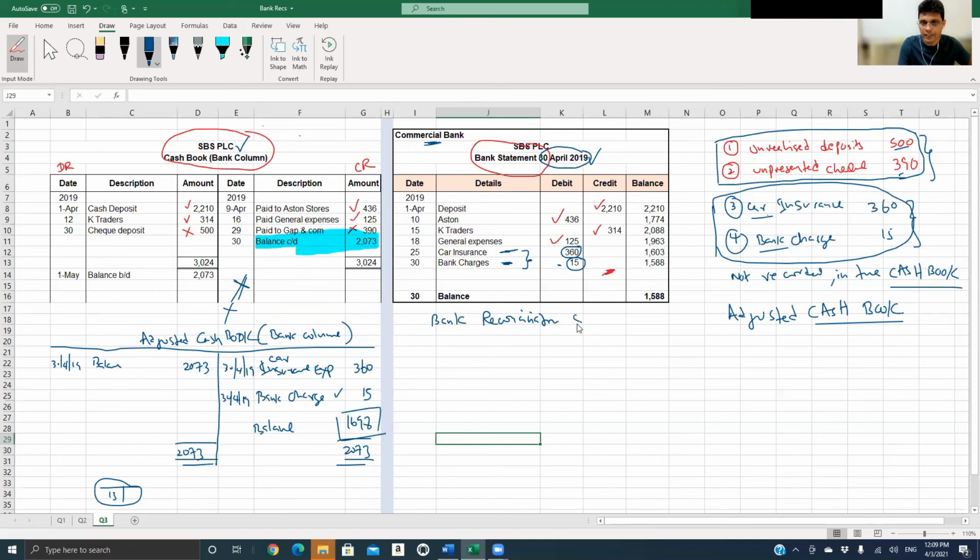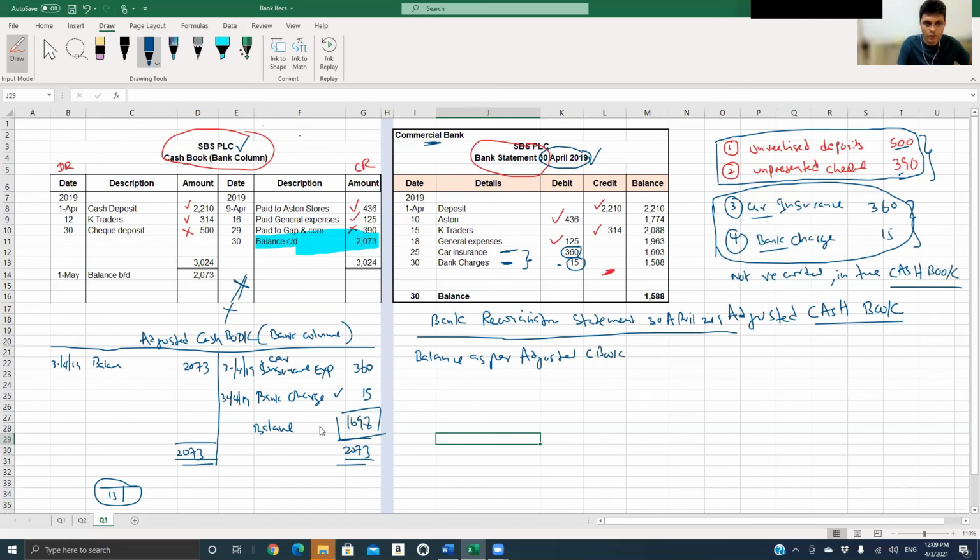Bank reconciliation statement on 30th April 2019. Okay, so balance as per adjusted cash book balance.